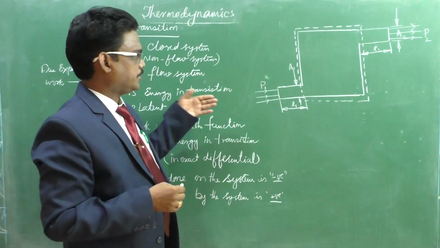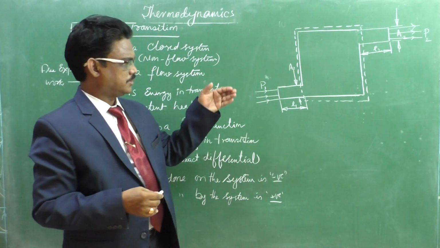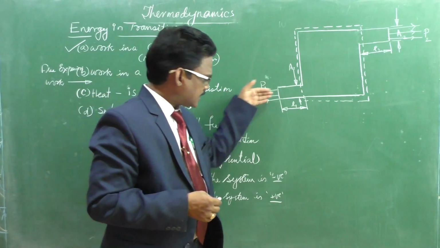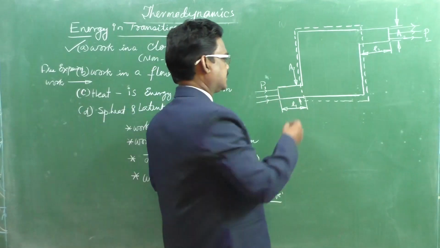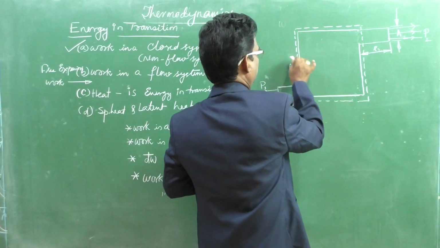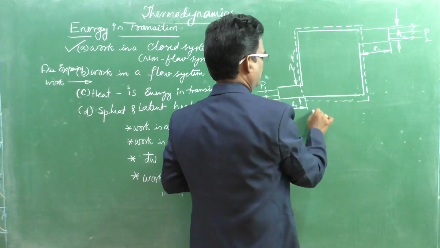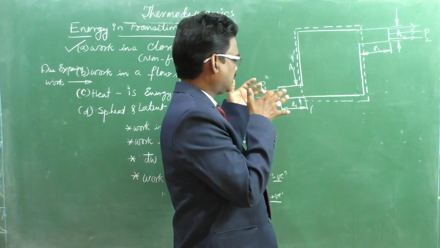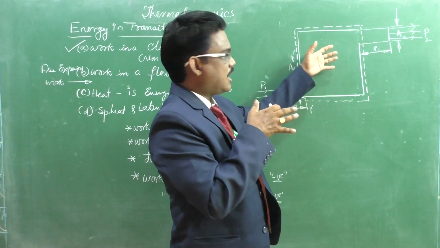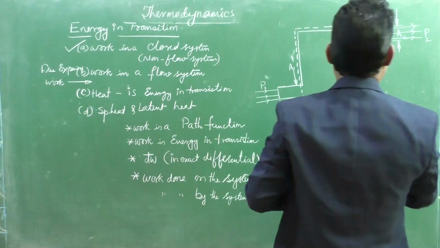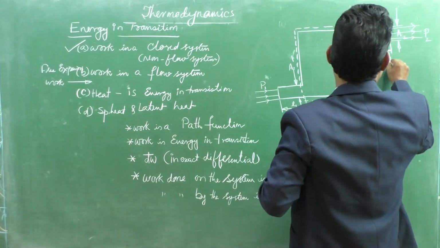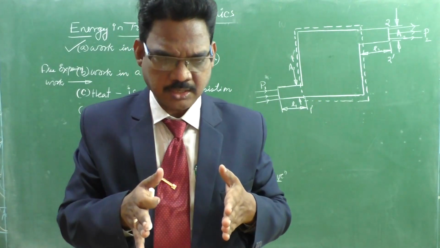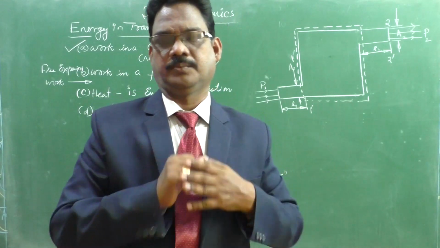Now P1 is greater than P2, and due to the P1 pressure the fluid crosses the boundary, which I call boundary 1 dash. After that the fluid enters into the system, and then leaves the boundary at 2 dash. That means at one boundary it is entering, at the other it is leaving.